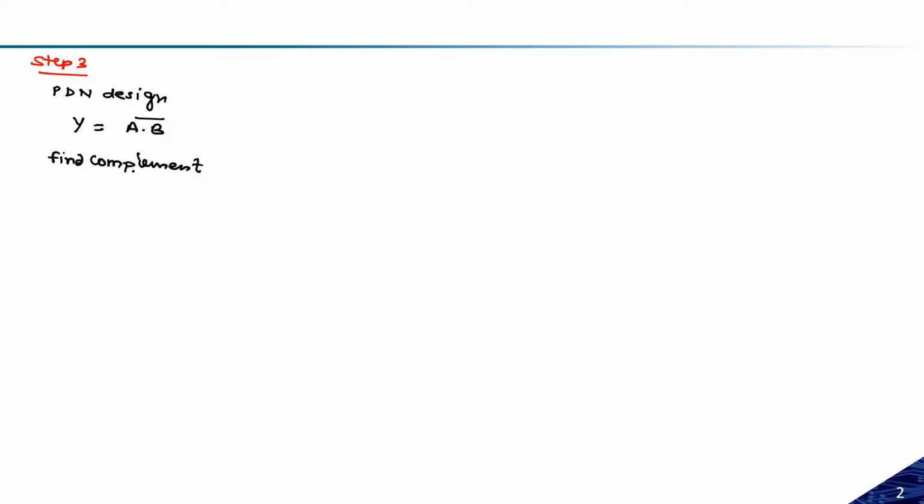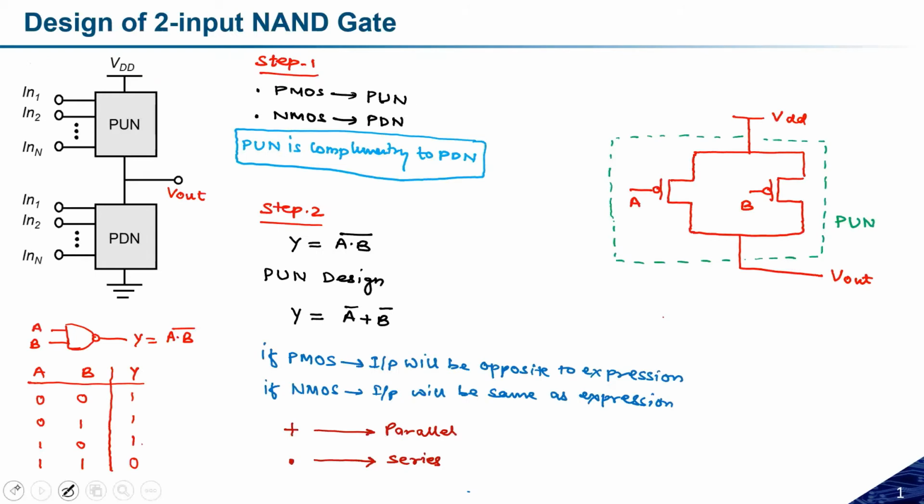Okay, find the complement, and the complement will be like Y complement is equal to A dot B. So here we have A dot B, which is the complement. Now see, in the previous slide we wrote one thing: if the dot symbol is there, we need to connect the transistors in series. For the NMOS transistor, whatever input we have will be the same as the expression.